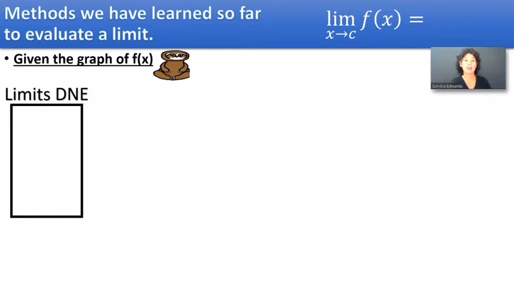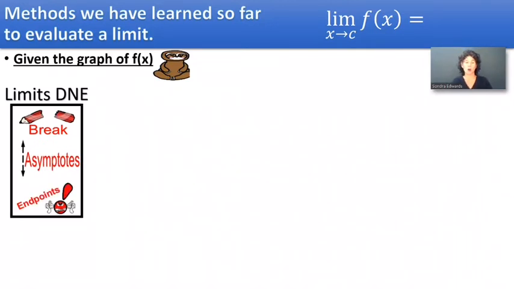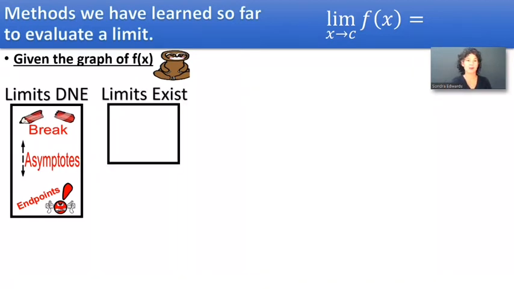If you happen to see a break at the x value or an asymptote at the x value you're getting close to, or the x value that you are located at is an endpoint, well then the limit does not exist. This is not a formal definition. This is just a real quick and easy way of making the determination, but not an official justification.